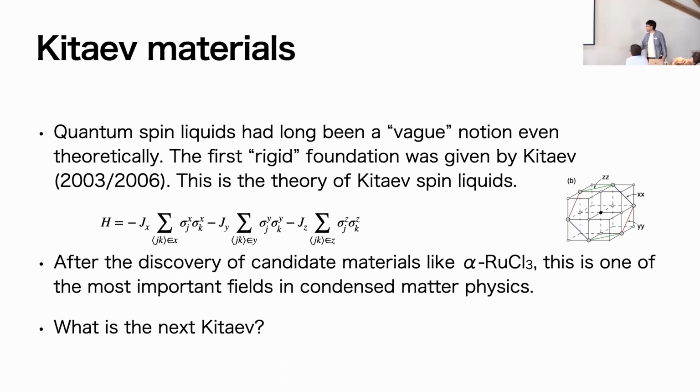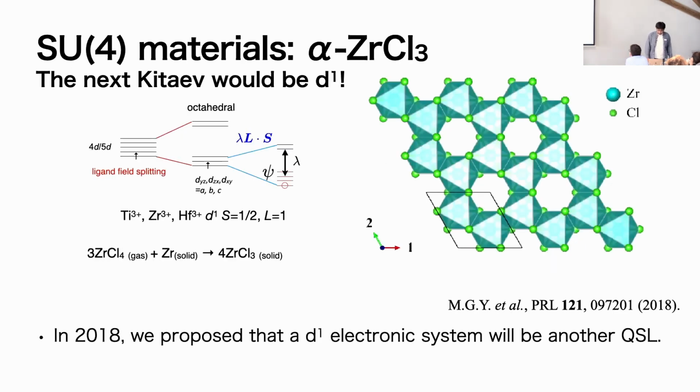Of course, the physics of Kitaev has already been discussed intensively in d5 materials, but we move on to different materials composed of d1 electron systems. I call this type of system SU4 materials, and we promote this more intensely.